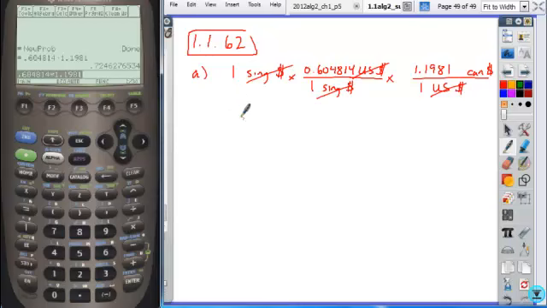Okay, now we'd have gotten the same thing if we had done it the following way. So 1 Singapore dollar. So we could have said 1 US dollar up here is equivalent to 1.6534 Singapore dollars.